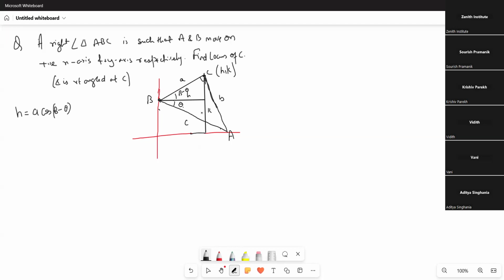Again, if this angle is theta, this angle would be 90 minus theta, and again 90 minus theta, which will make this angle theta. So k would be b sine of A plus theta.